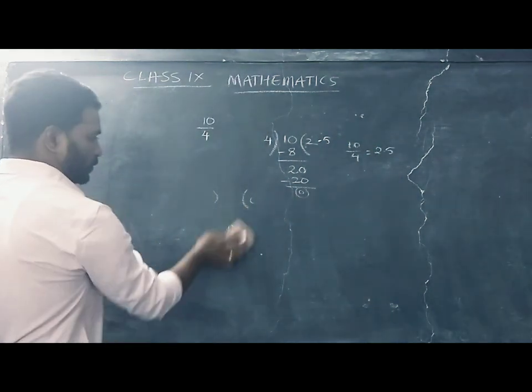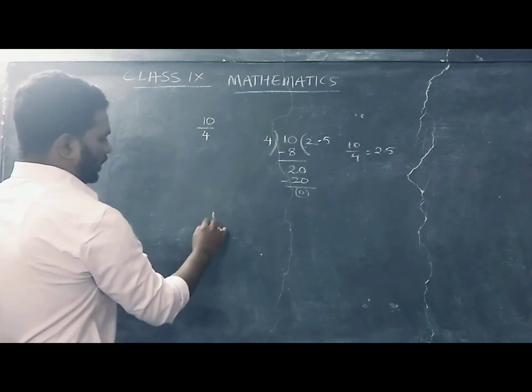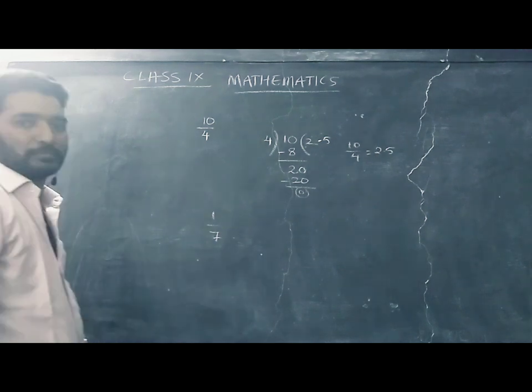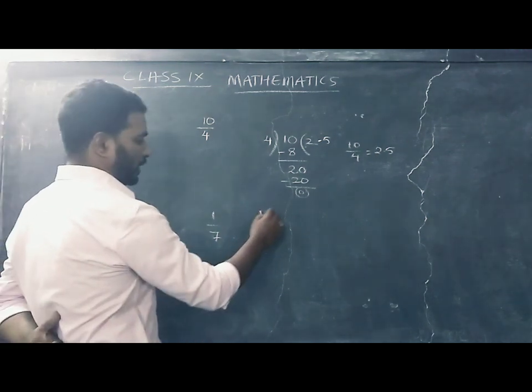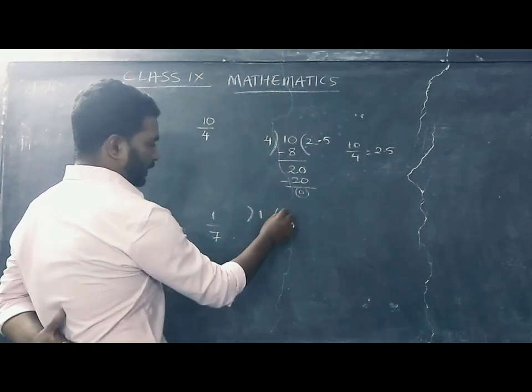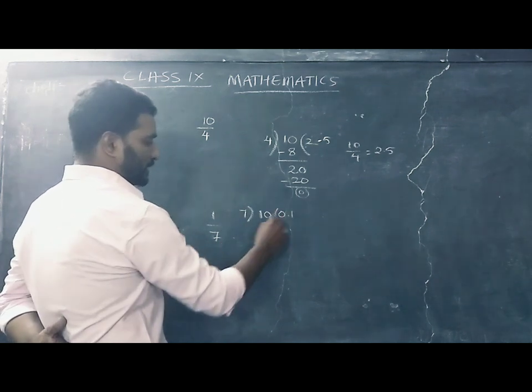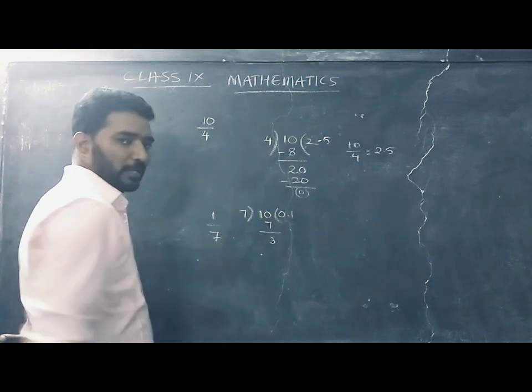Suppose we go for the next one, 1 by 7. 1 can be written as the dividend, and here 0 point because we are getting 0 here. 7 ones are 7, we are getting 3.